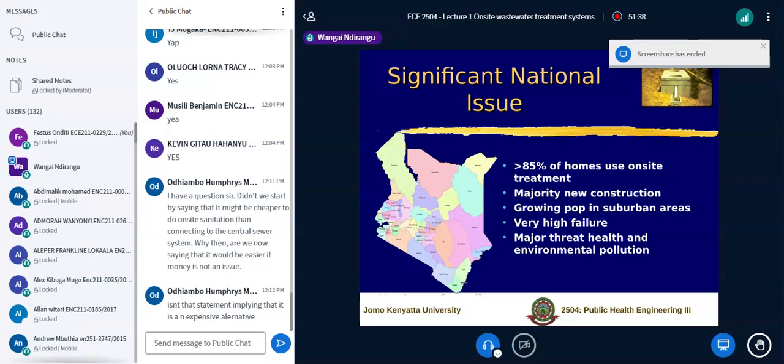And look, I'm trying to reply to Humphrey. When you do municipal sanitation or wastewater engineering, any system we have, and I like the words someone used, is collect, treat, and disperse.